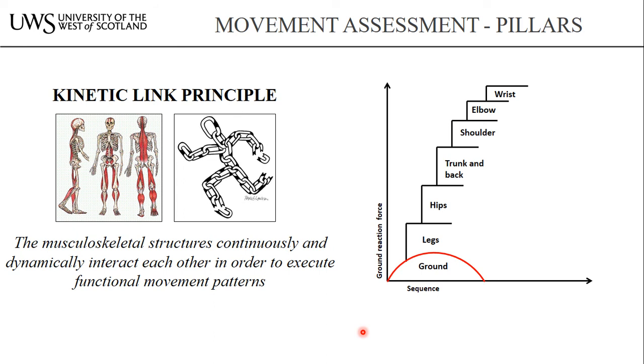So if we consider the graph on the right side, you can see how forces produced by the interaction of the bottom of the feet with the ground are going to have an influence, step by step, on all the different structures above the feet.